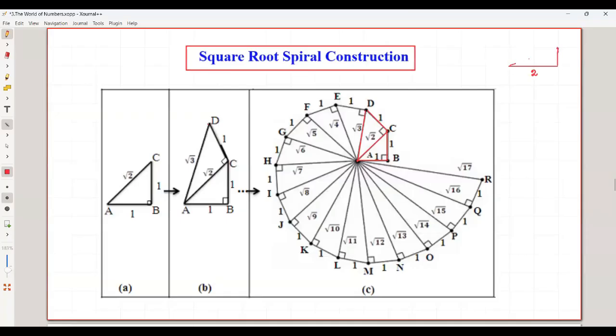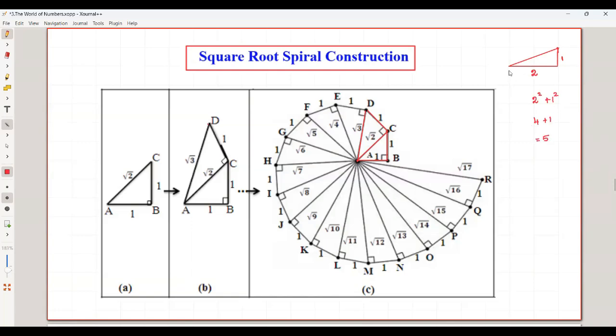So if I join here, 2 units, 1 unit. So 2 square plus 1 square, correct? 2 square is 4. 1 square is 1. So 4 plus 1 is 5.